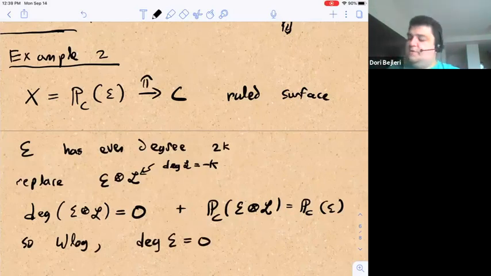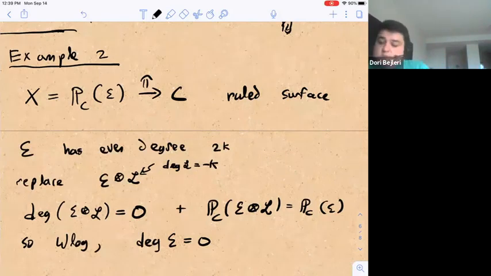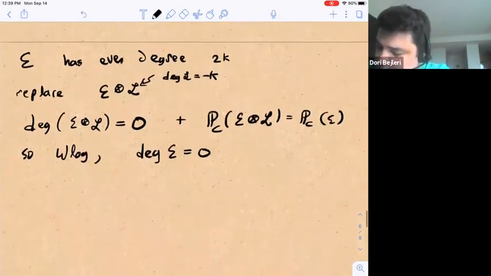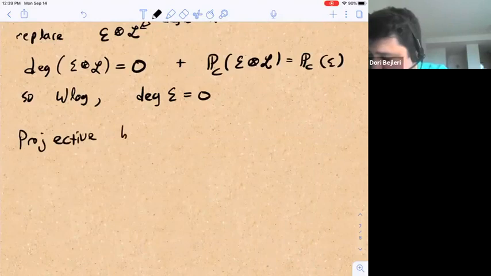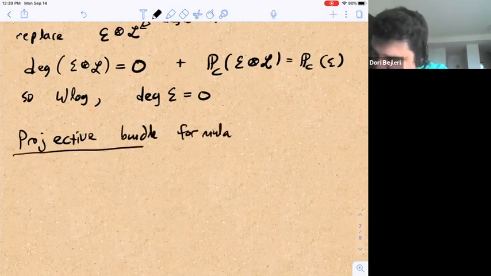Okay. So now we want to compute the cone of curves of this surface. So let's start with the Picard group. So we have the projective bundle formula. I won't write down the full projective bundle formula. You can find it in some text on intersection theory, for example.